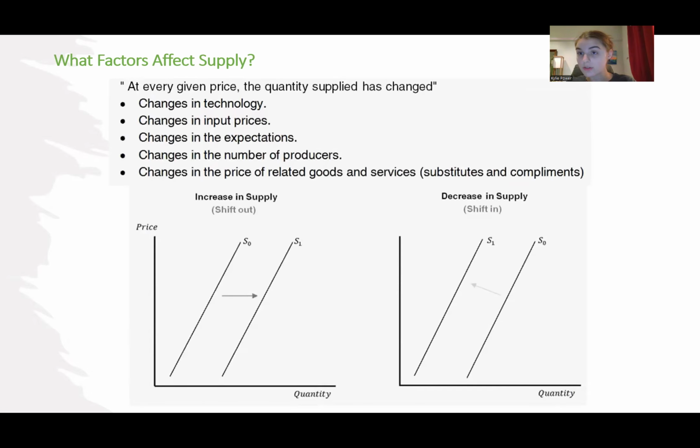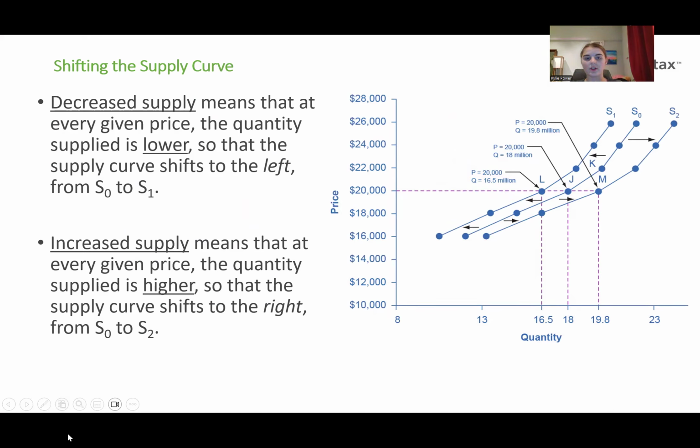Same kind of stuff. These are the examples the textbook likes to give us. If we have a decrease in supply, that means that at every given price, the quantity supplied is lower. So the curve shifts to the left. In this case, we're going from S0 to S1, from here over to here.